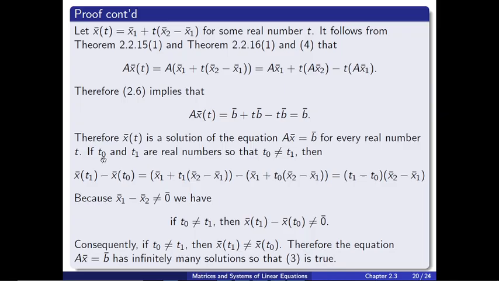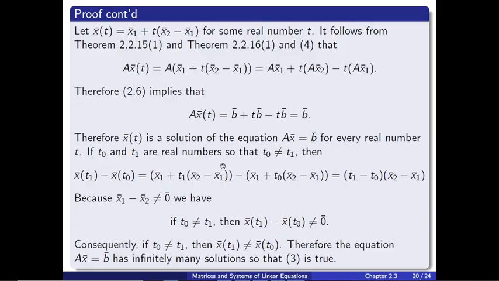But we also want to check that if we take two different t's, we also have different x of t's. Because if we do, then for any t that we pick, it's a different solution from another different t that we would have picked.